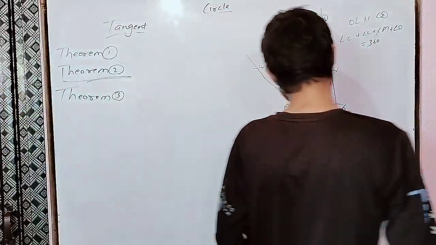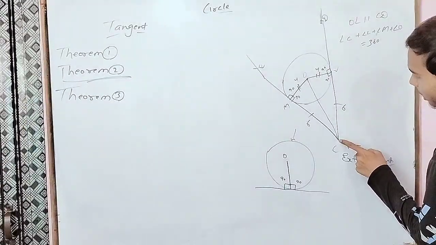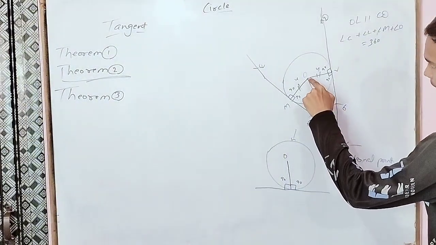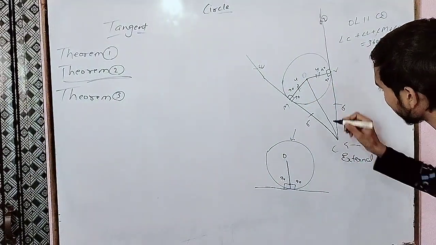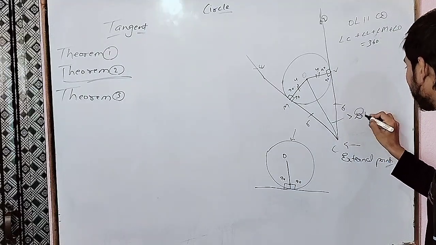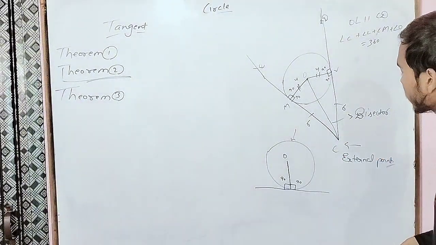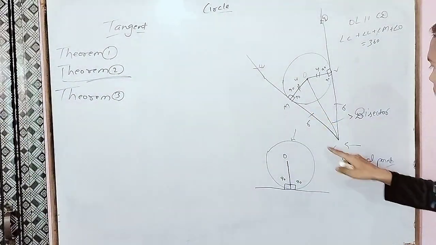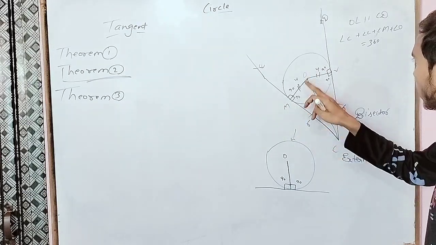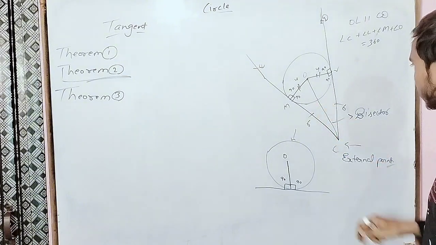Here you can see this line from the external point is ending at the center, so it is working as a bisector. So can we say that two triangles will form, MCO and LOC.